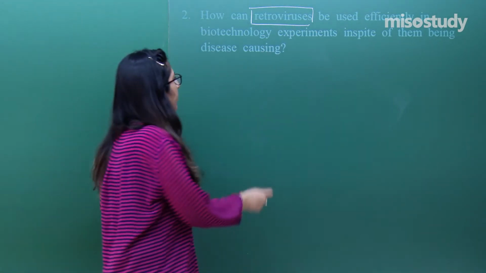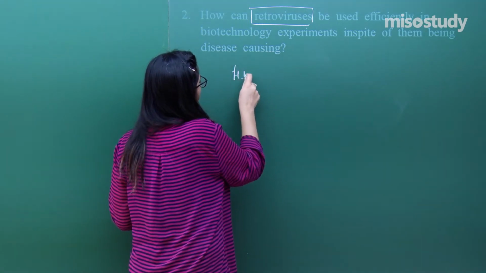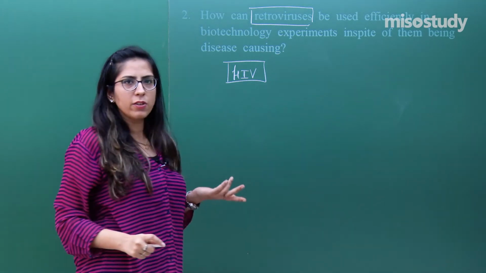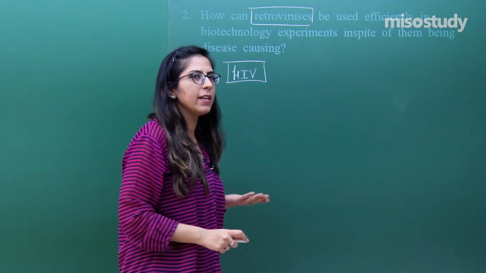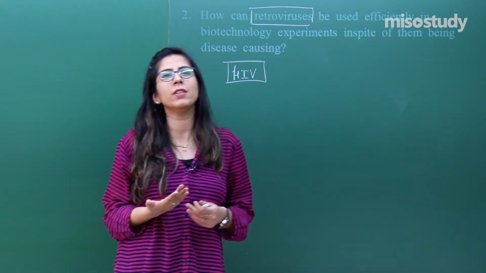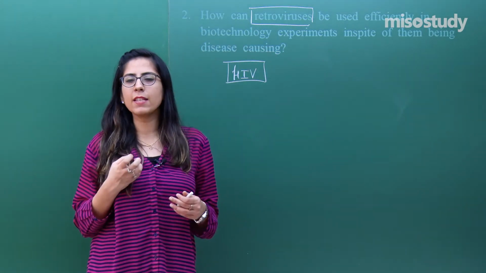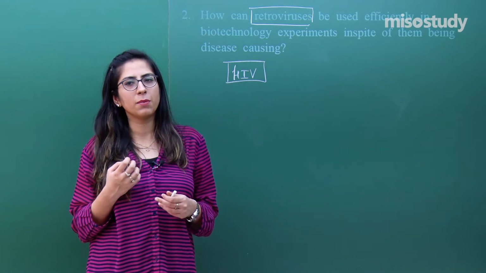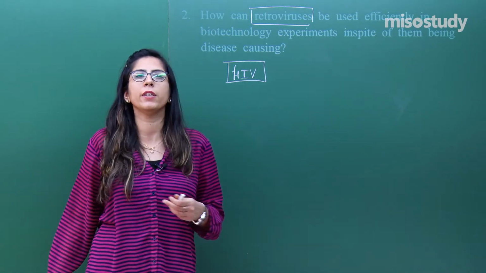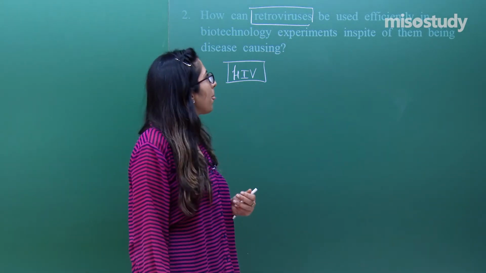An example is HIV, which is also a retrovirus. They have RNA and undergo the process of reverse transcription. They have an enzyme called reverse transcriptase, which converts this RNA into DNA, and later the DNA is incorporated into the human genome.